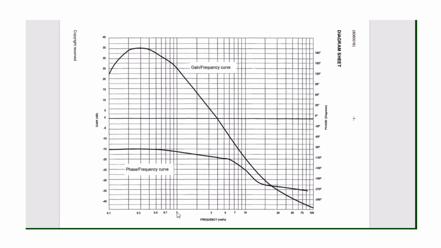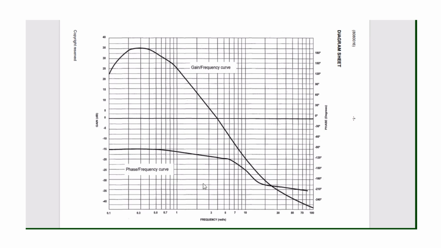Here's frequency 1, so you just go to the phase graph and check the corresponding phase. Remember, phase is on the right side, and that looks like it's between minus 90 and minus 120, somewhere there. You just calculate properly. You will see when we do questions, everything will make sense.